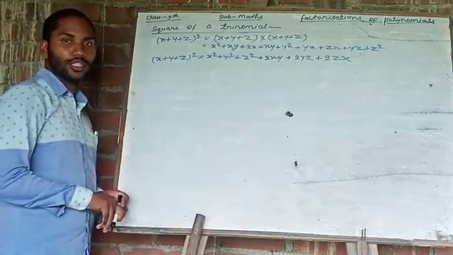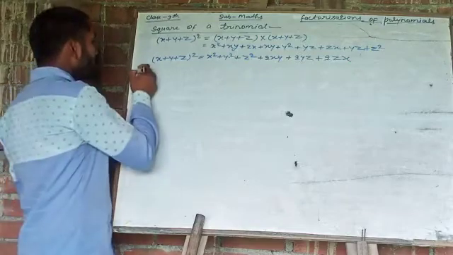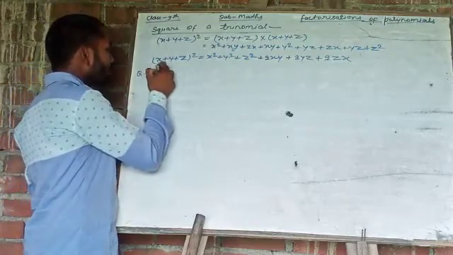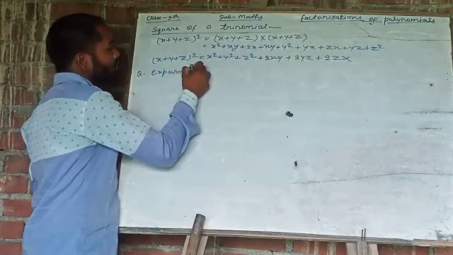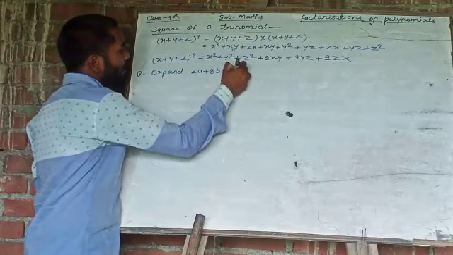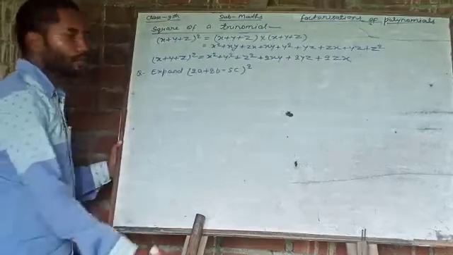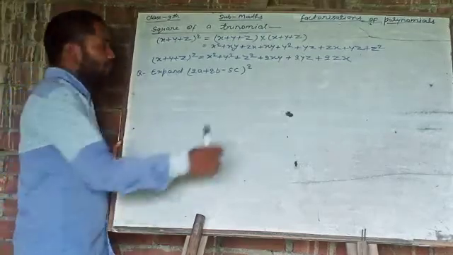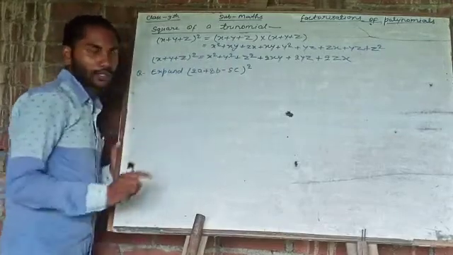By using this formula, we will solve one question. So the question is, expand 2a plus 8b minus 5c whole square. In the formula, everywhere it is plus, but here it is minus.